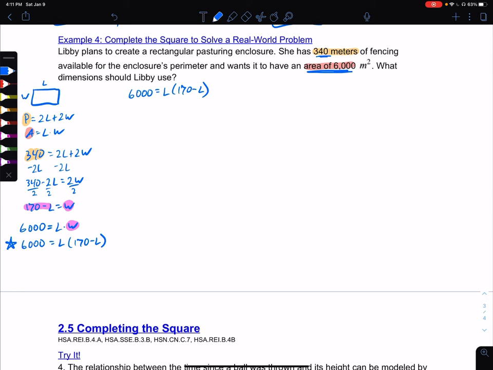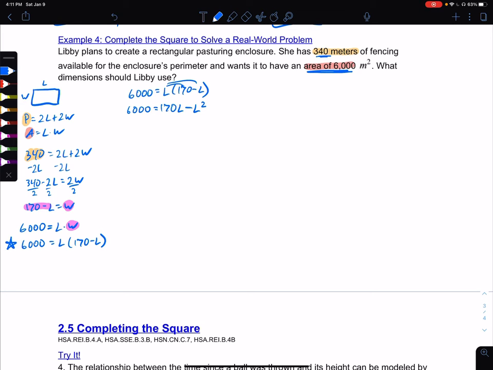Again, this is kind of from the type of problem I know I'm doing. I know it's a completing the square, so I'm going to want a quadratic. So I'm going to multiply these terms. So 6,000 is equal to 170L minus L squared. Definitely not the prettiest problem or the prettiest equation to work with, but we'll make it happen.